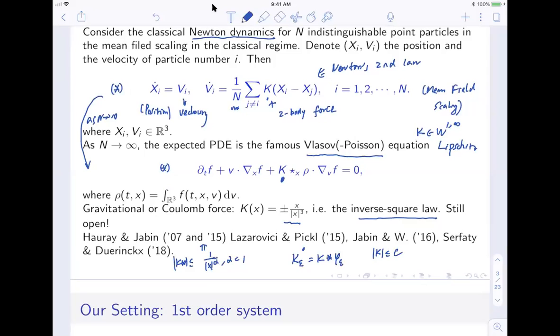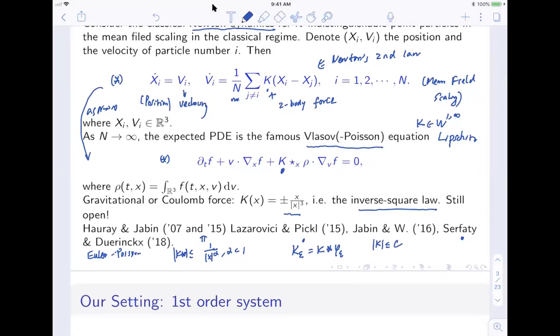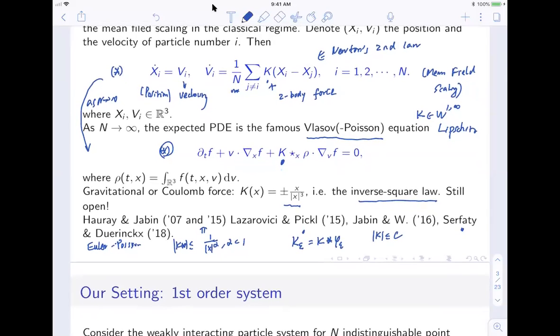So recently, Serfaty with Duerinckx can treat not this Vlasov-Poisson system, but an Euler-Poisson system, which is not this equation, but actually the equation which is monokinetic.